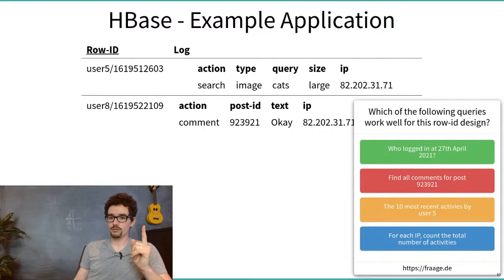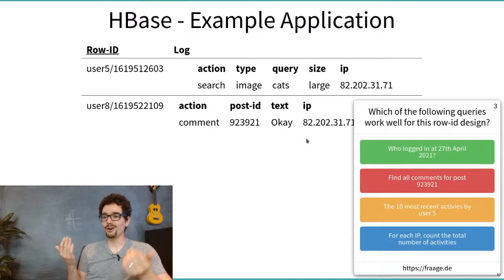So which of the following queries works well for this row ID design? Please take a look at the answers. Who logged in on the 7th of April 2021? Find all comments of post 923.921. The 10 most recent activities by user 5. For each IP, count the total number of activities.